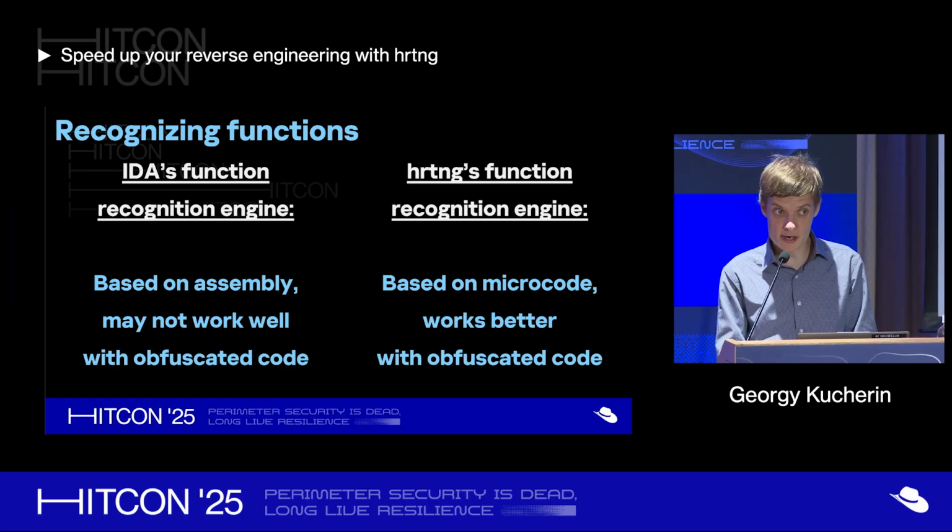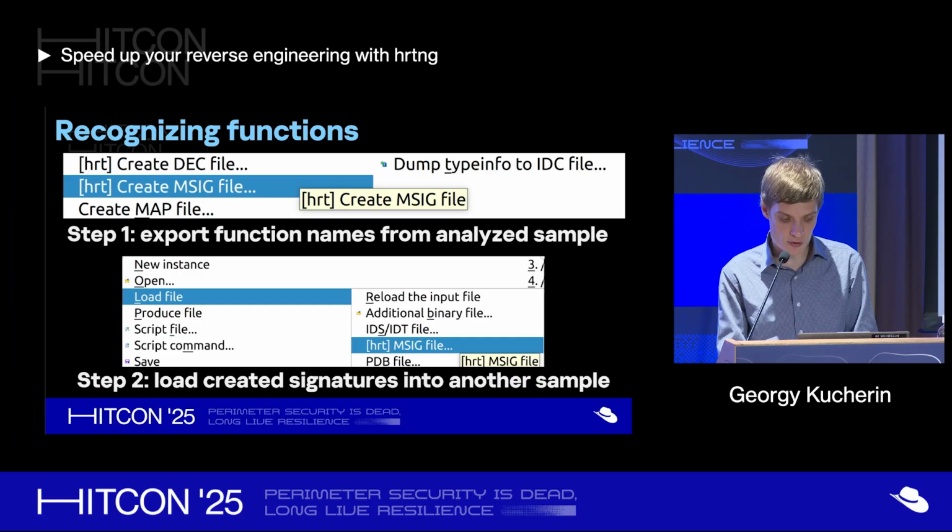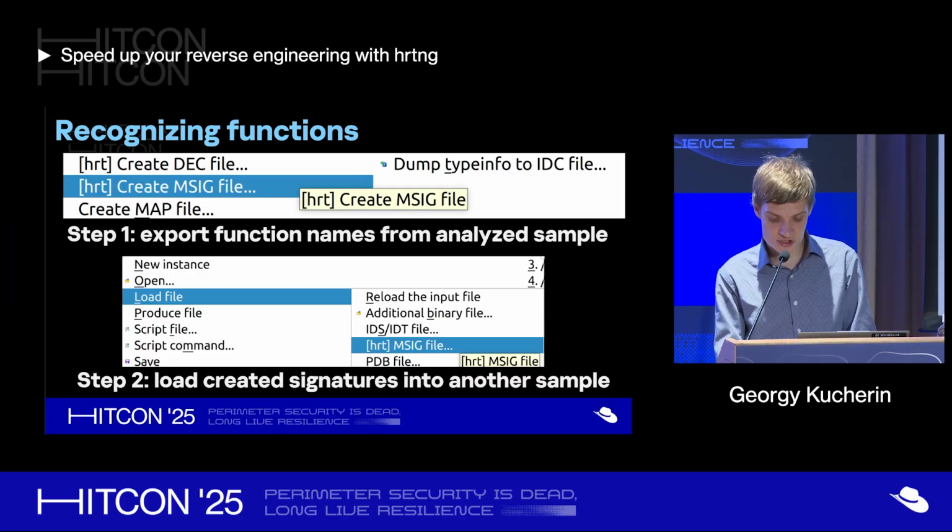It is based on microcode, and microcode is an optimized version of assembly used by the Hex-Rays decompiler, and because of this, it works better with obfuscated code. It's very straightforward to use. Firstly, you need to export function names from a sample that you already analyzed, and then you load the created signatures into another sample. Let me show you how this works.